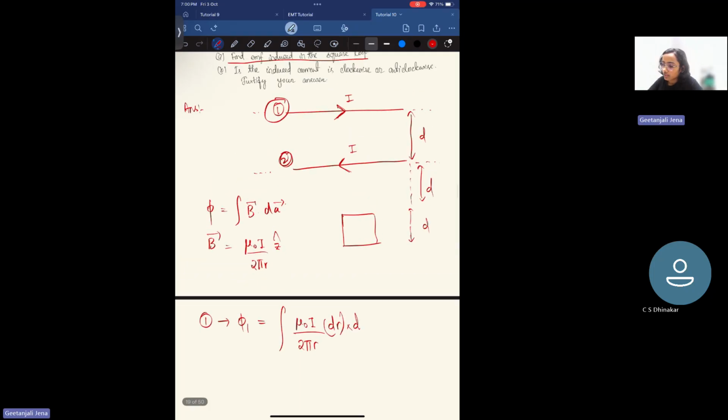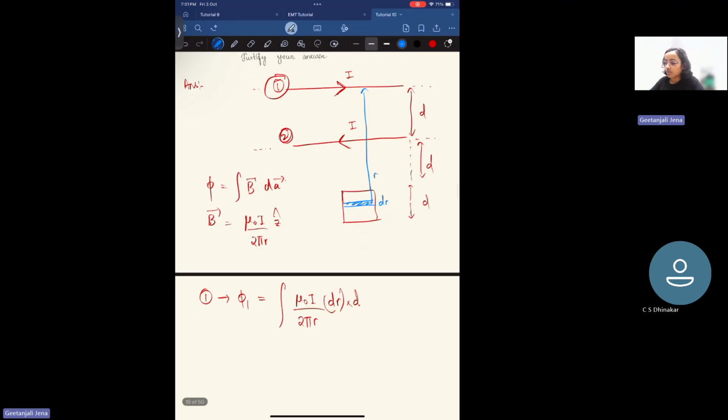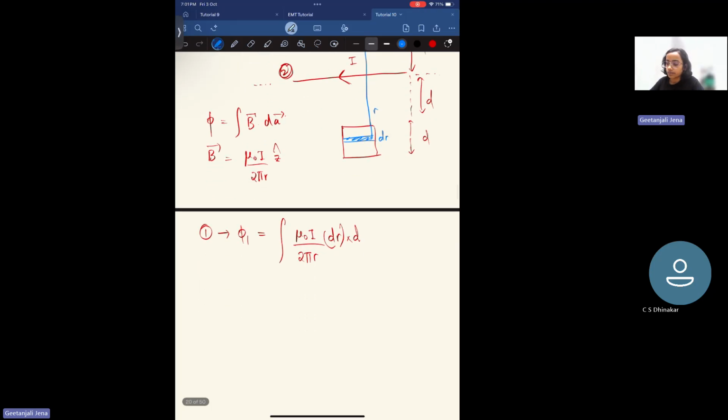So we are considering a distance dr. The area vector will be d into dr. So this is mu naught I by 2 pi d dr by r.